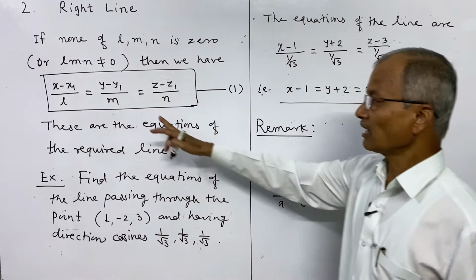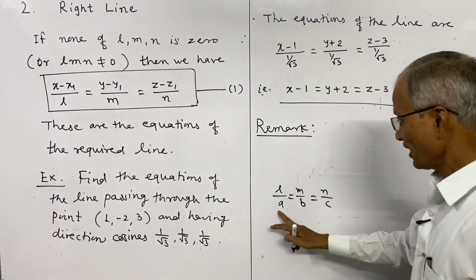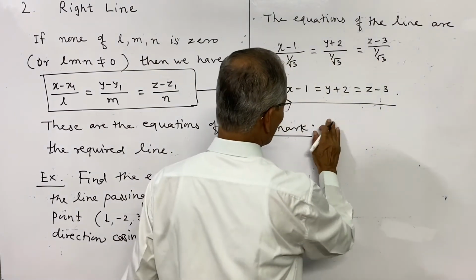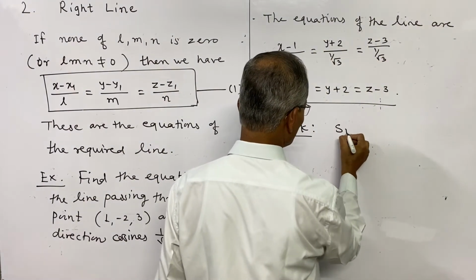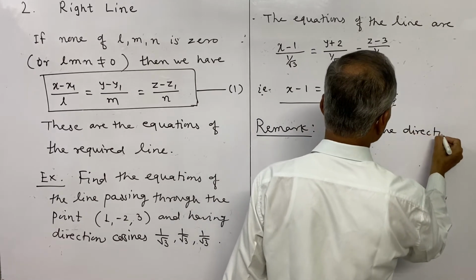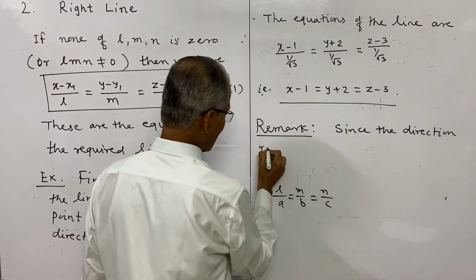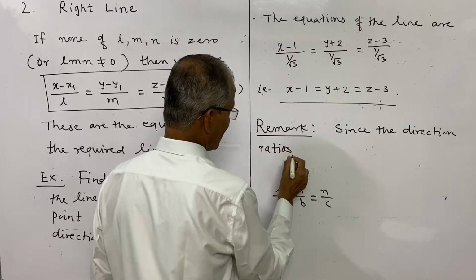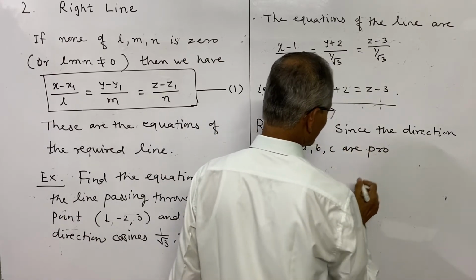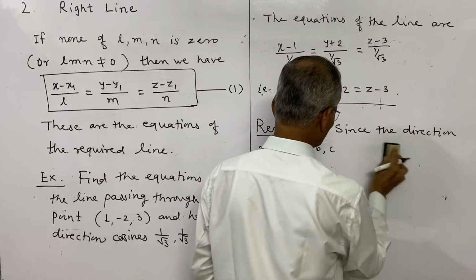So l, m, n can be replaced by a, b, c because l, m, n are proportional to the direction ratios a, b, c of a line.